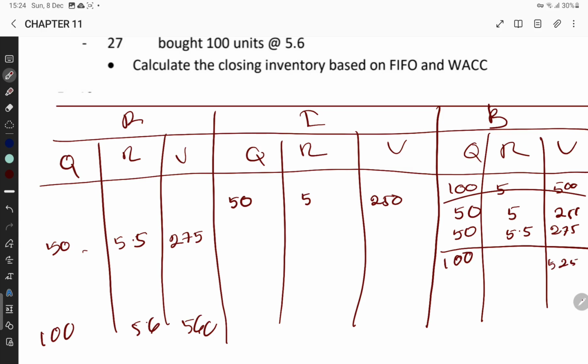Okay, so to find the rate, I'm going to give a weighted average cost. I have 100 units of inventory. The cost of this inventory is 525. So to find the average cost per unit, the value divided, 525 divided by 100, it will be 5.25.